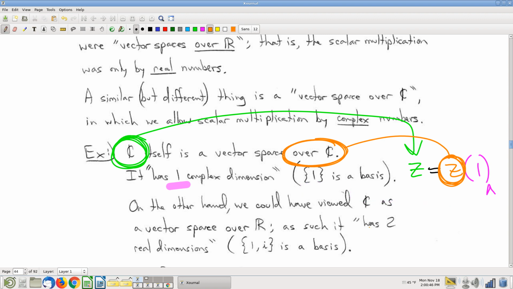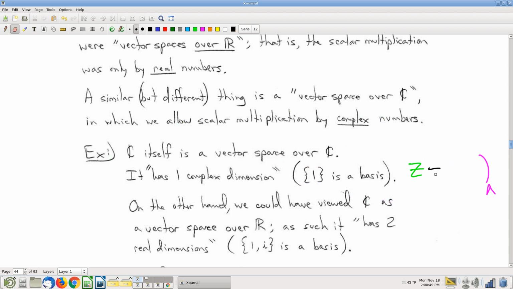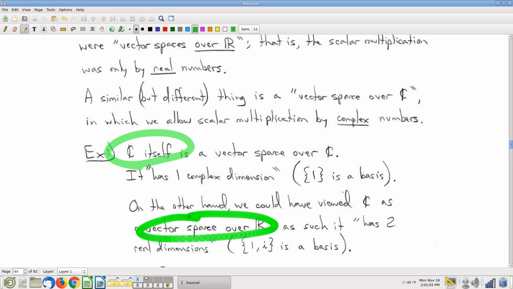Whereas, just by comparison, and this is a nice exercise, I'll leave this as an exercise for y'all. If you want to think of the complex plane as being a vector space over the reals, then here's a basis. You need the vectors 1 and i, if you're only allowed to use real scalars.